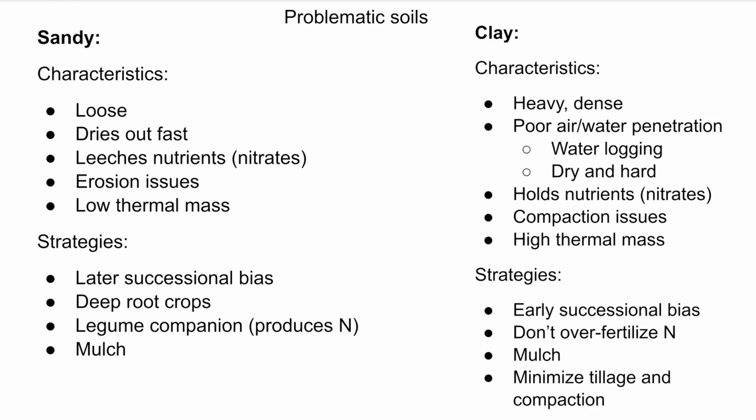Both factors promote a later successional crop. Because of the leachability of these types of soils, perhaps consider a legume companion if you're looking to grow a higher nitrogen crop. Sandy soils are prone to erosion, so ensuring that we keep living roots in the soil and keeping the soil mulched can greatly help with erosion issues.